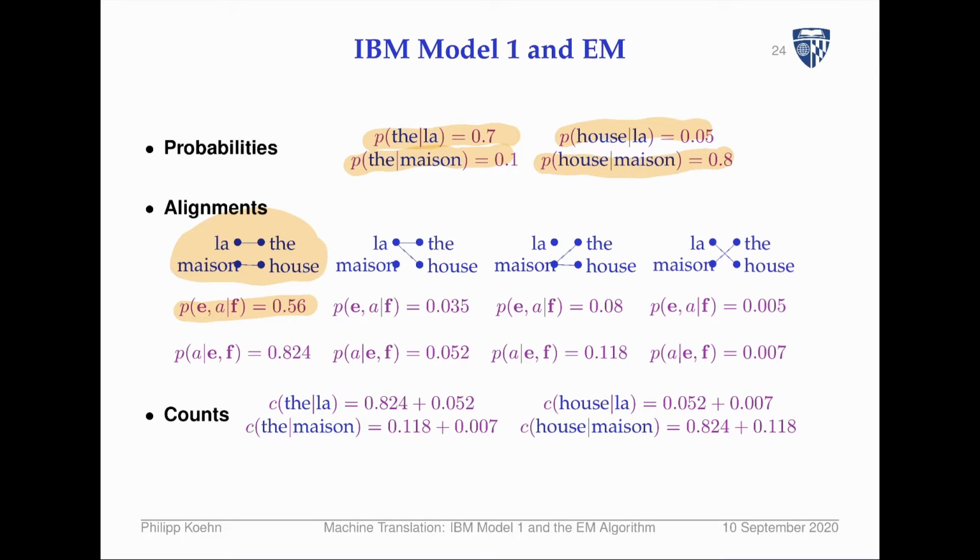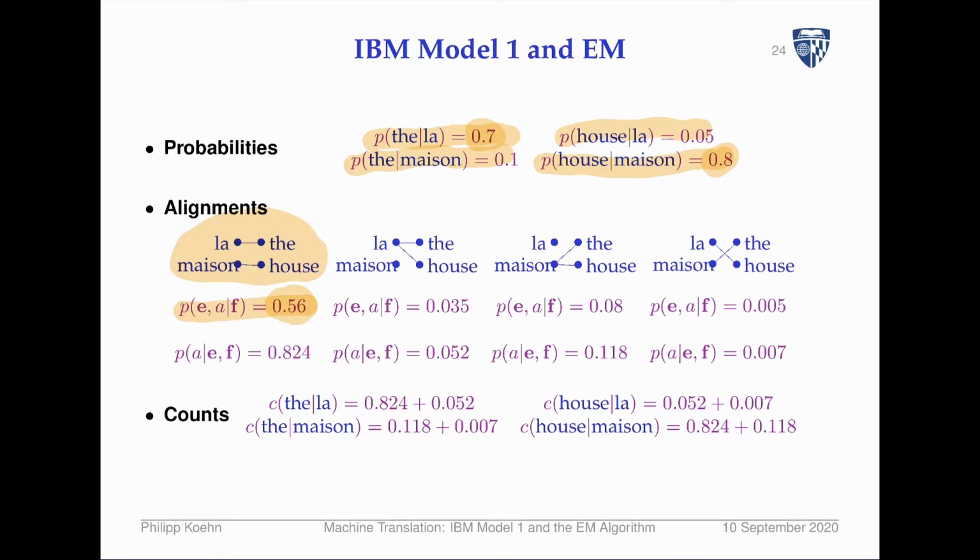We did this before. These are now without the normalization. We're just going to literally multiply up the two probabilities involved here. So how do we end up with 0.56? Well, we multiplied this and that. 0.7 times 0.8. 7 times 8 is 56. Okay, so we're going to do this for all the other possible alignments. There are 4 possible alignments, and why is that?